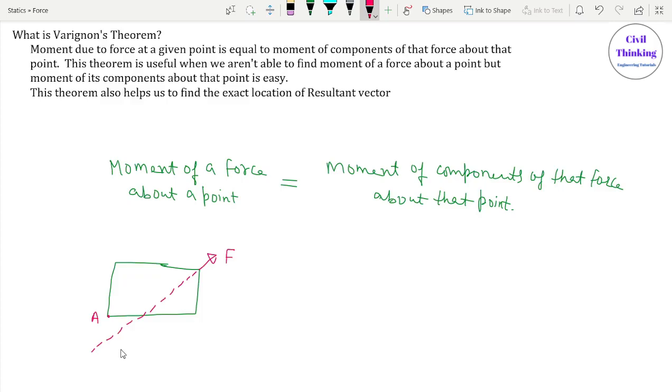Now the moment of this force F about A is what? Moment about point A is equal to force multiplied by perpendicular distance. Now the perpendicular distance of force F about point A is this, right? Let us say this is X.